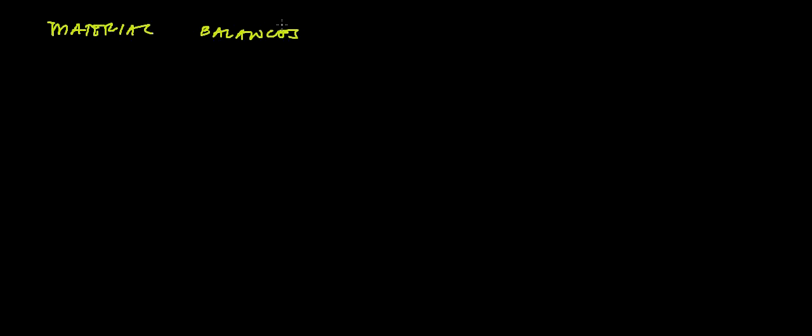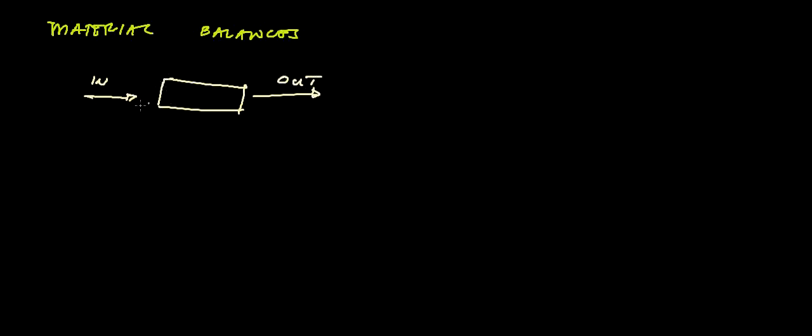So the first thing that we need to look at, remember last time, is the three basic categories. We have the material that is going into the system, and we have this system. We also need to consider the materials that are going out.